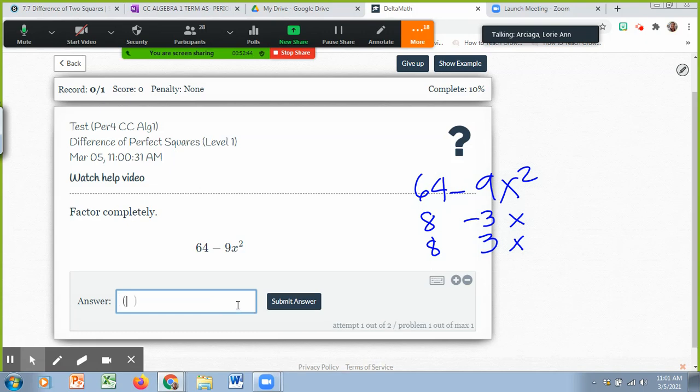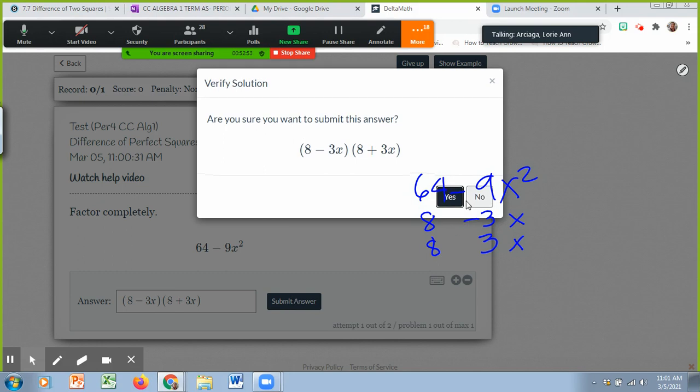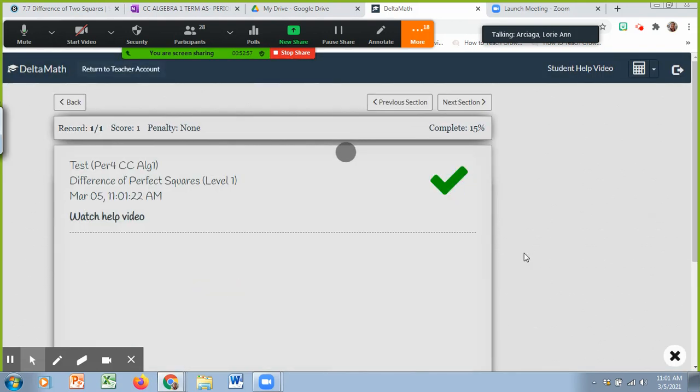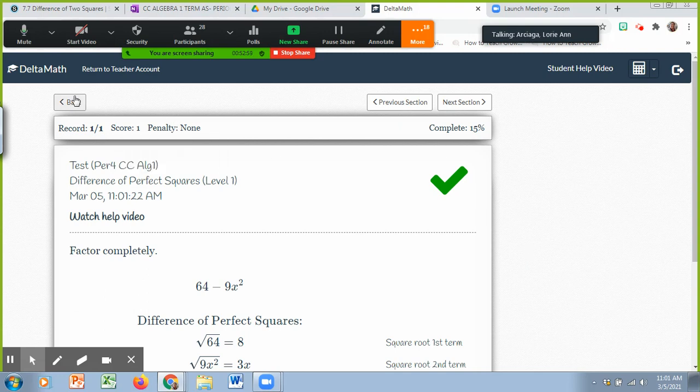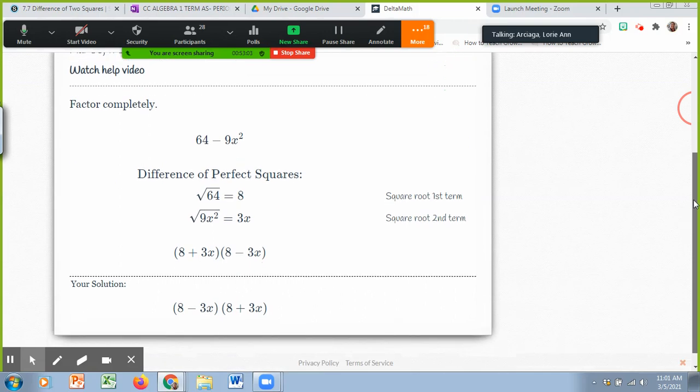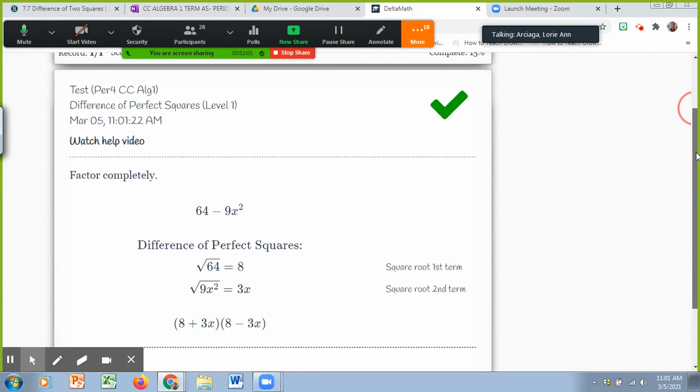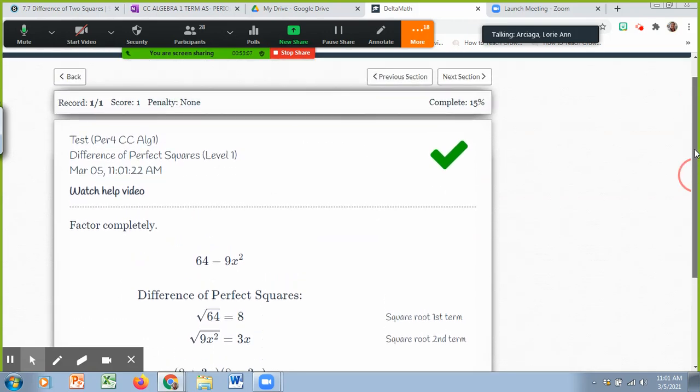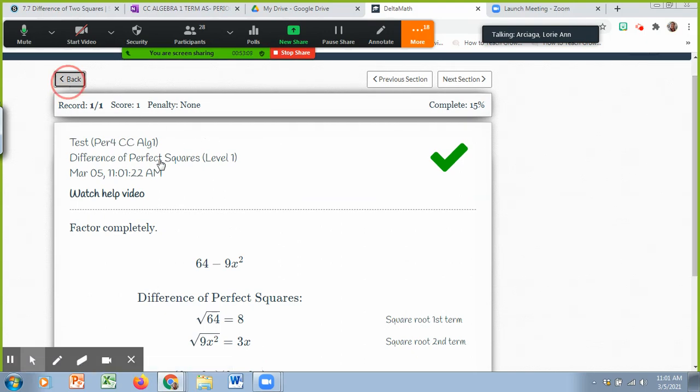So your answer will be 8 minus 3x and then 8 plus 3x. There you go. Yes. All right. Okay, so some of us who were not sure earlier, I hope you guys are getting it now.